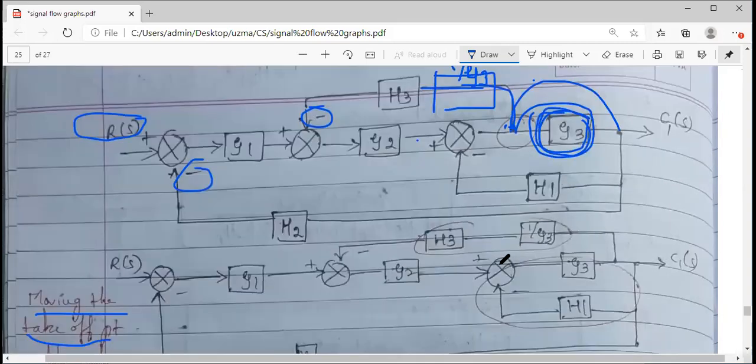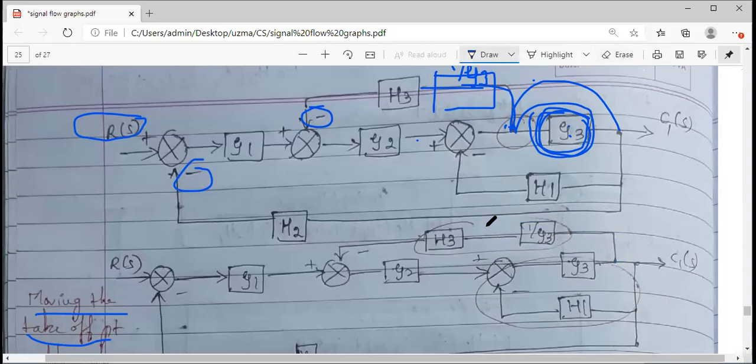So I have taken that here, shifting the takeoff point after. So in this path, on the takeoff point's line, you have to introduce one more block, which has the value reciprocal of G3. Okay, so this is the one rule I have applied.